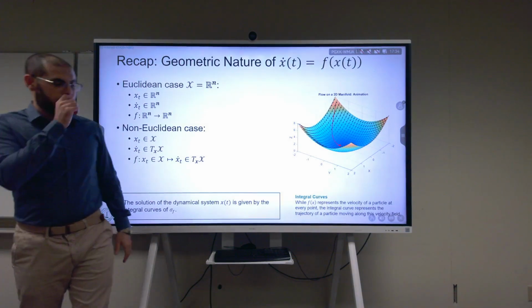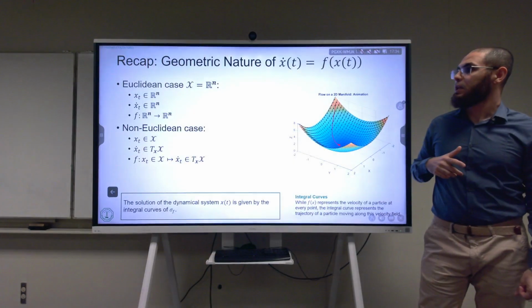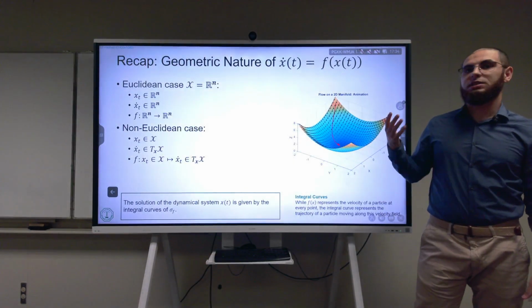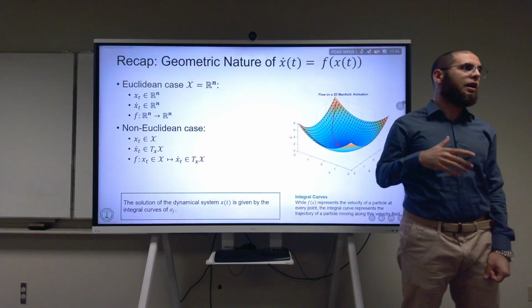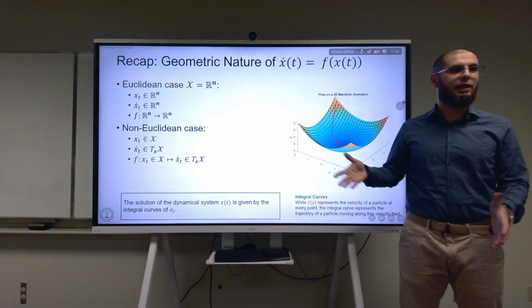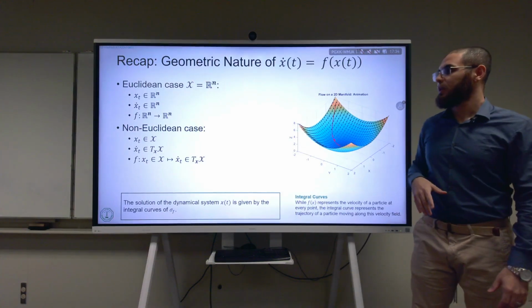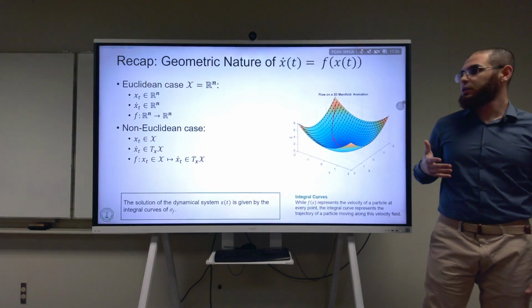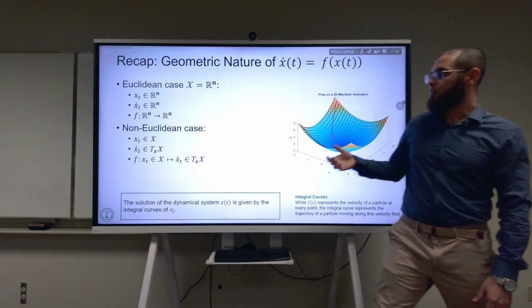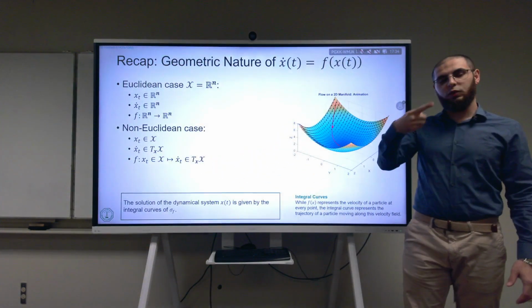We also looked at the geometric nature of this equation, x dot equals f of x. We said that in the Euclidean case, you just think of f as some map from Rn to Rn, so it eats n variables, x1 up to xn, and it will spit back x1 dot up to xn dot. However, in the geometric picture, it's actually a map from the space, and at every point it will give you a vector.